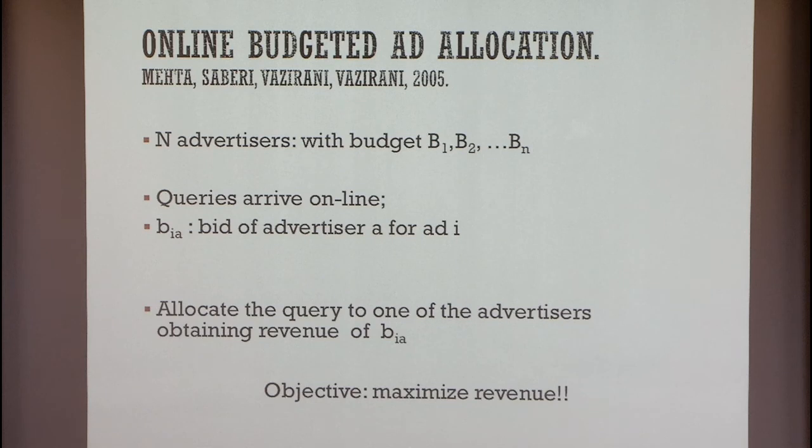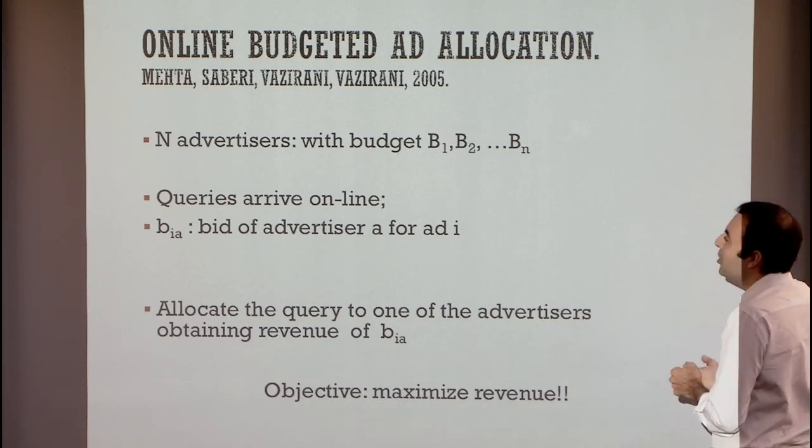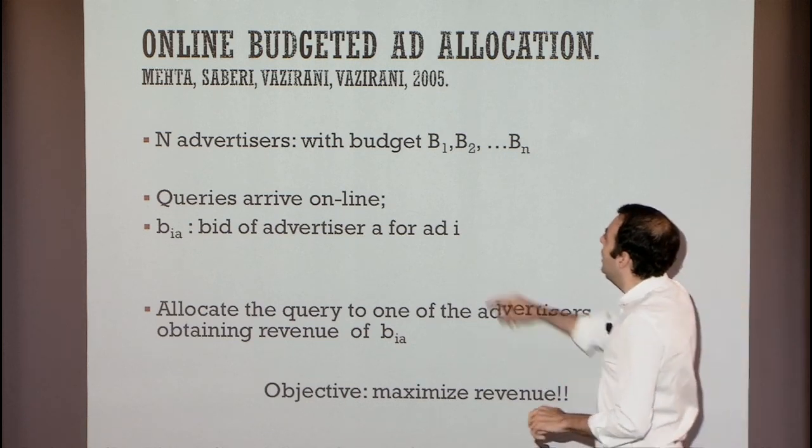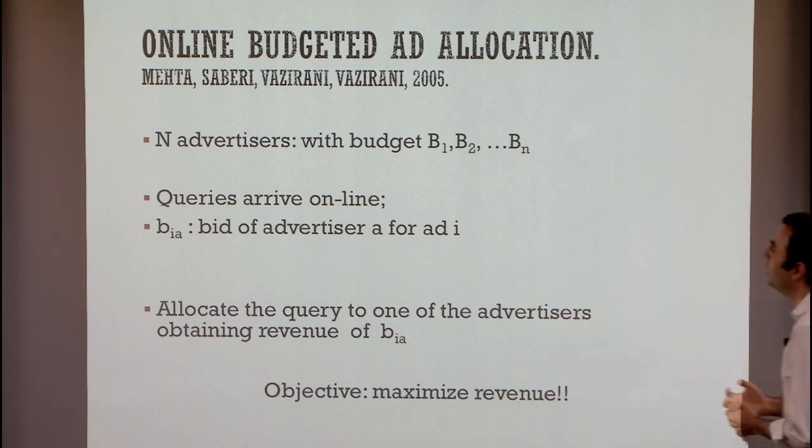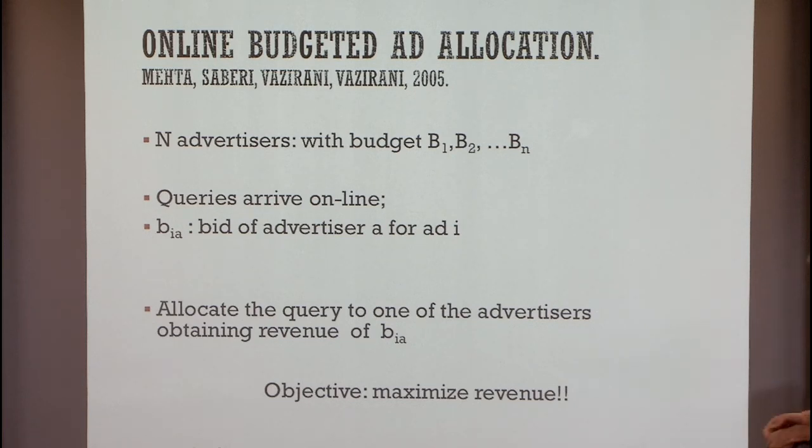I'm going to start with a very simple model for this. Initially, we called this the AdWords problem, but probably online budgeted ad allocation is a better name for it. Imagine you have n advertisers. Each has a budget, B1 to Bn. You have queries arriving online. When a query arrives, you can see the bids.